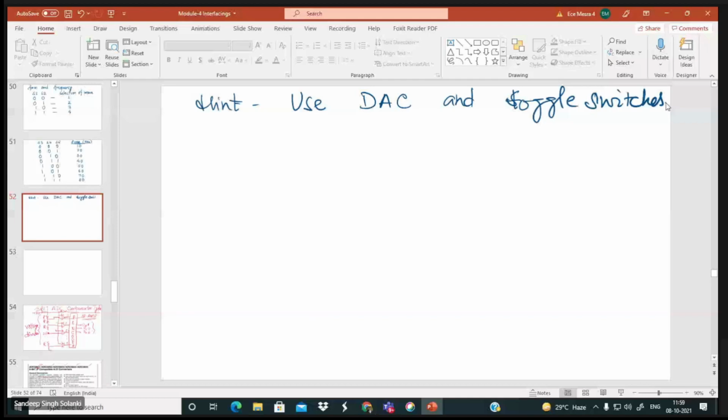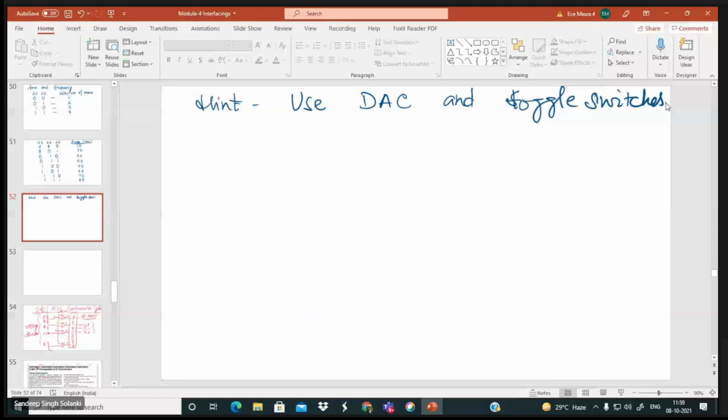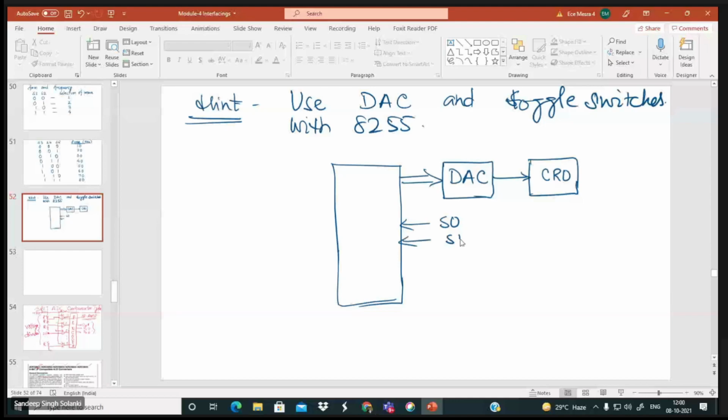For you to do this, I'll give you the hint, okay? What is the hint? You just see here. The first thing is that the DAC output needs to be observed on CRO, okay? And two switches S0, S1, you keep on PC0, PC1.